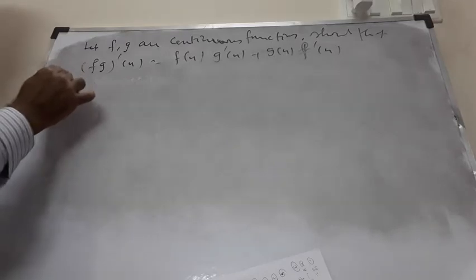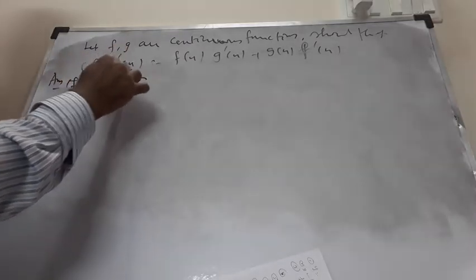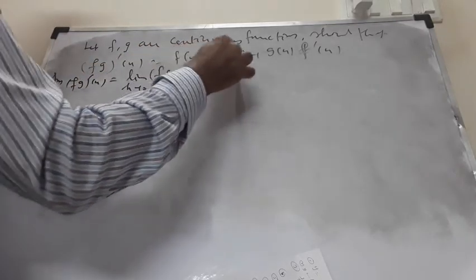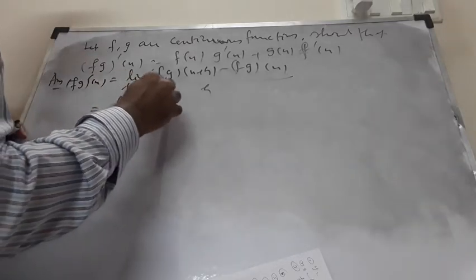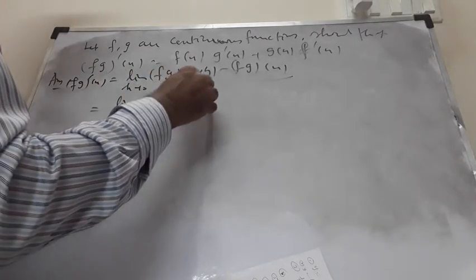Anyway, (fg)'(x) is equal to limit h tends to 0 of (fg)(x + h) minus (fg)(x) whole by h, which is equal to limit h tends to 0 of f(x + h) into g(x + h) minus f(x) into g(x) whole by h.